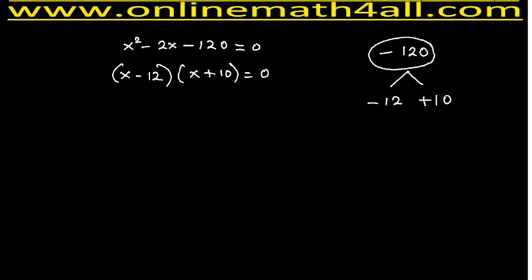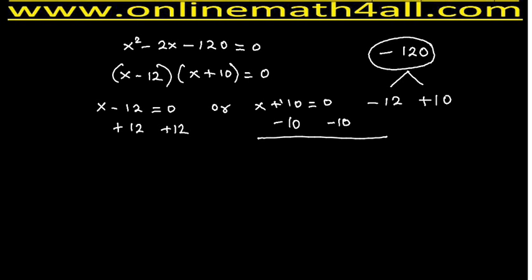(x-12)(x+10) is equal to 0. Either x-12 is equal to 0 or x+10 is equal to 0. I'm taking positive 12 on both sides here, and here I'm taking negative 10 on both sides. So positive 10 and negative 10 will get cancelled. So x is equal to 12. We get two answers for x: one is 12 and the other one is negative 10.